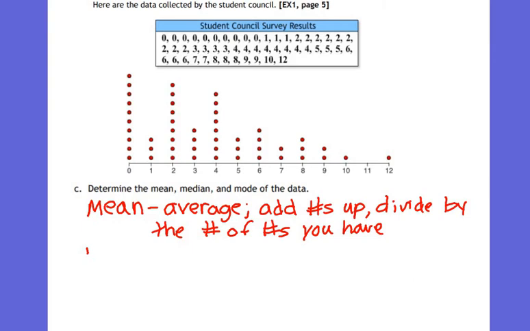Next definition is median. Several people were calling this one out, and I said, no, that's the median. So what is the median? The middle number. But the most important thing, the numbers have to be in order from least to greatest.